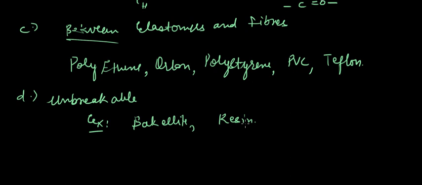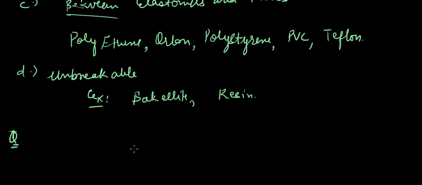If we compare the intermolecular forces, you have to tell me the order of intermolecular forces in these compounds. One is bakelite, then we have PVC, and finally we have Buna-N.